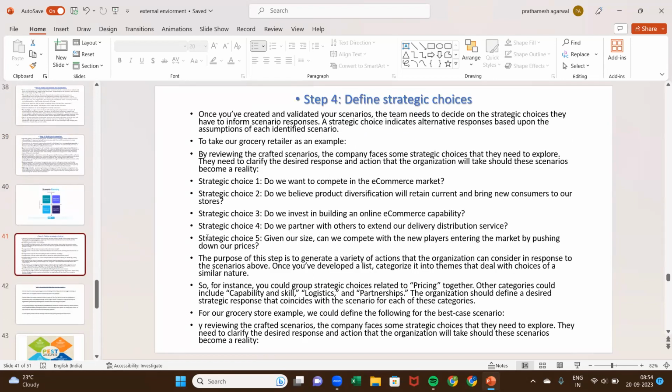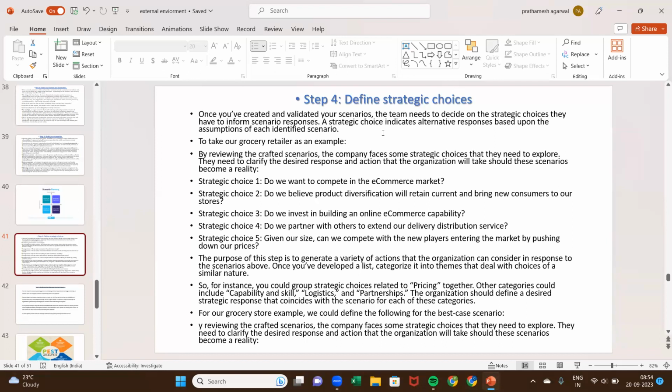Then we'll have strategies. We are defining the strategies. Now just see, once you have created and validated your scenarios, validated means yes, you're bang on, the team needs to decide on the strategic choices they have to inform.